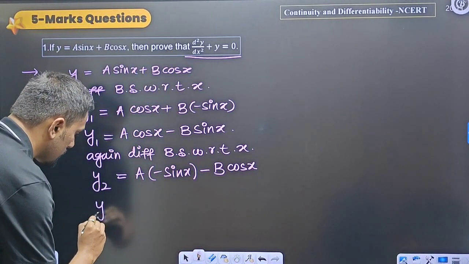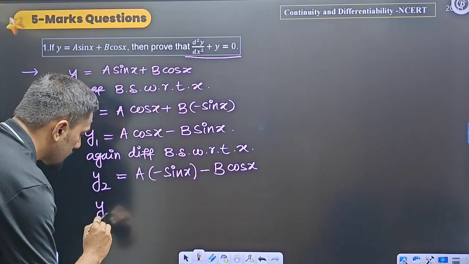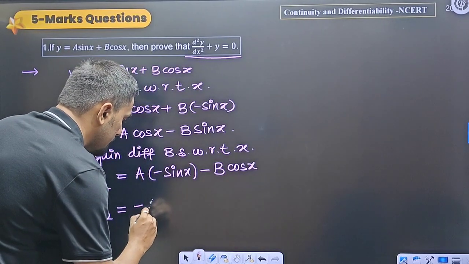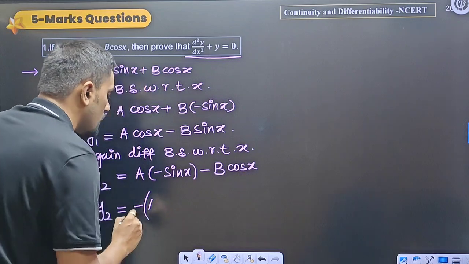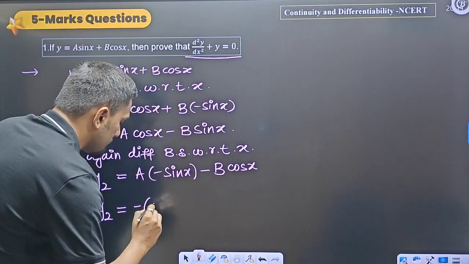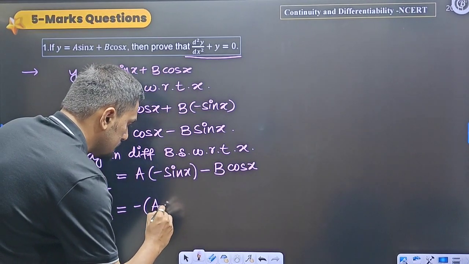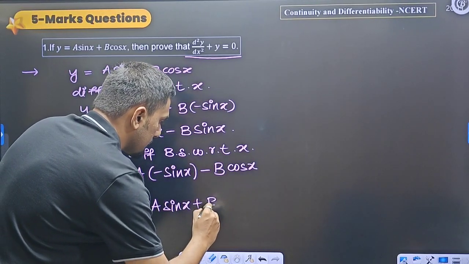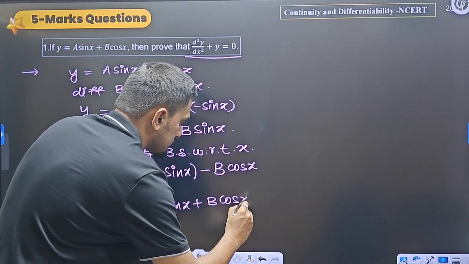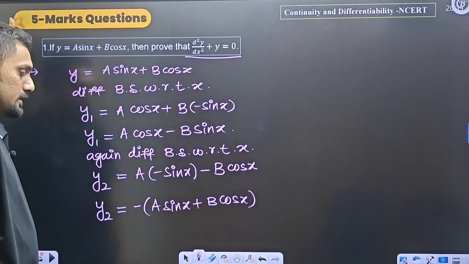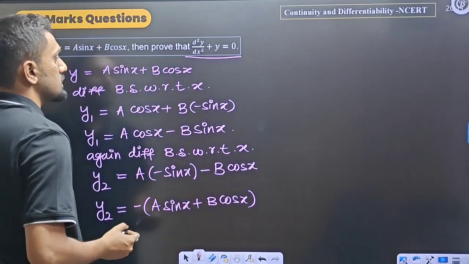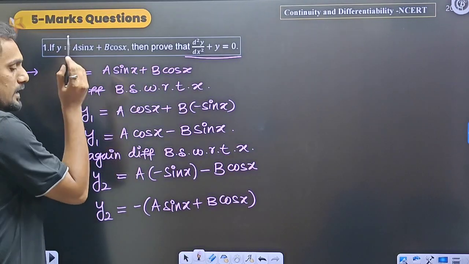So therefore y2 or d square y by dx square is equals to minus, if you take minus common from these two, then you will get a sin x plus b cos x, right? So what is a sin x plus b cos x? And that is nothing but y.